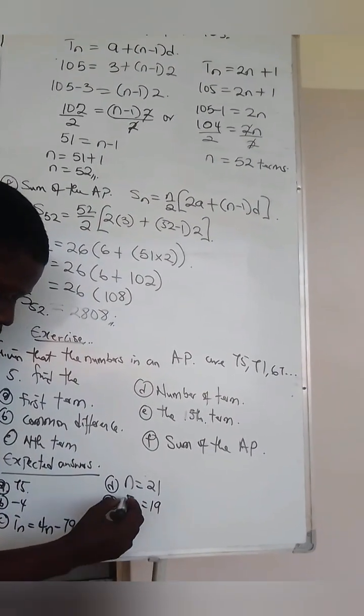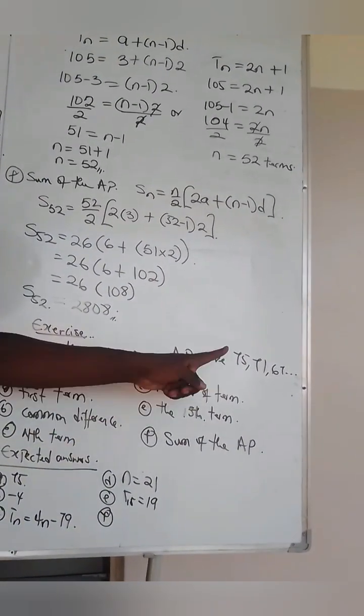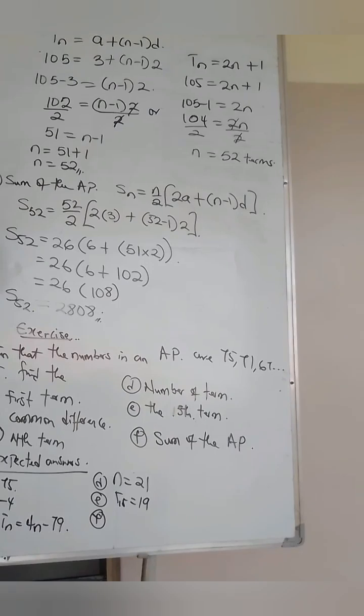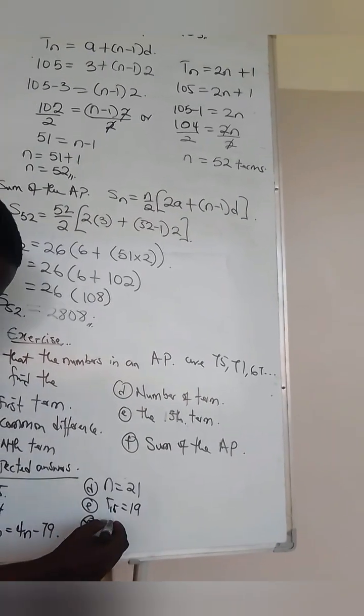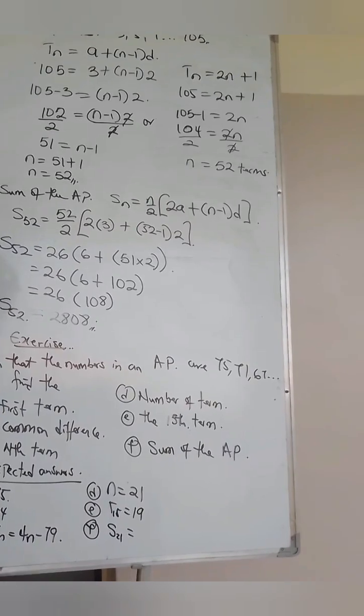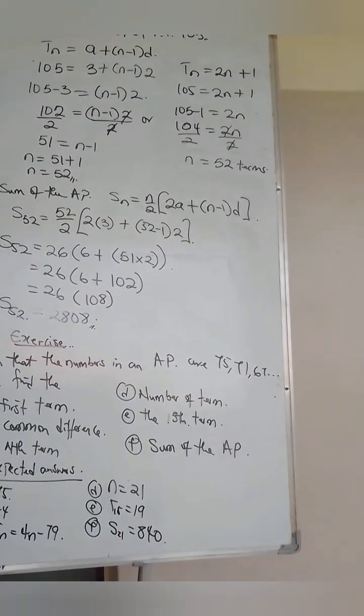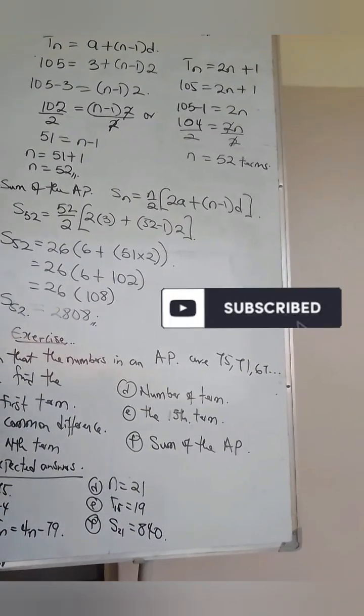T15 will be 19. And then the last one, which is the sum of the AP from the first term to the last term, our expected answer, the sum of the 21 terms from 1 to 21, will end up giving us 840. Thank you very much.